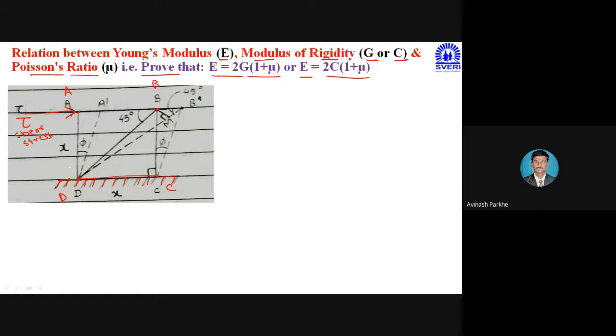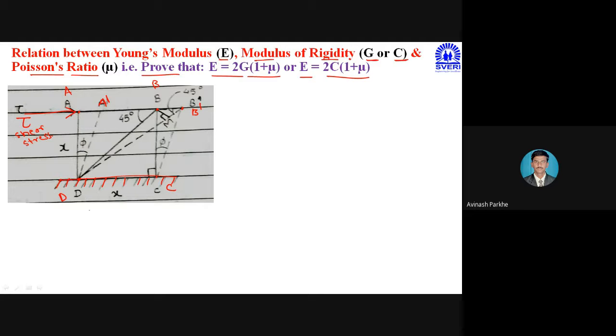Due to this shear stress applied from the left side, distortion, that is deformation, of this block takes place. Due to the shear stress, the deformation takes place at the top side: A becomes A dash, and B becomes B dash.